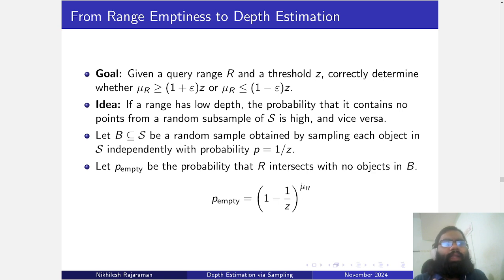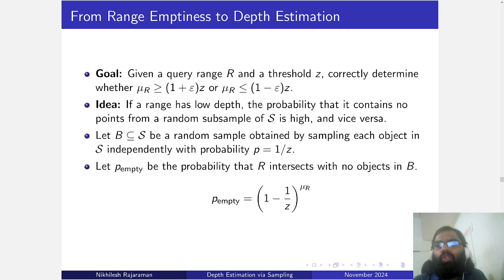As a sanity check to understand whether this expression makes sense, what we said earlier is that as the depth increases, we expect that the probability that this range is empty should go down. And if we look at this expression, that is indeed what happens. 1 minus 1 by z is a quantity that's less than 1.